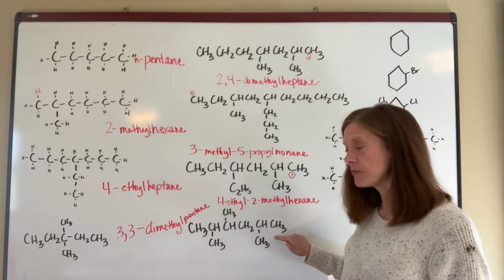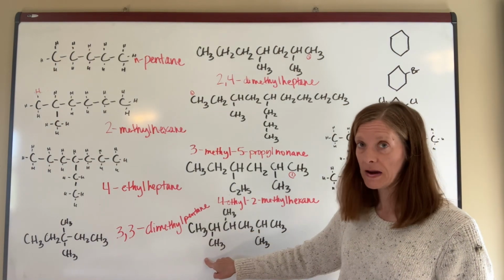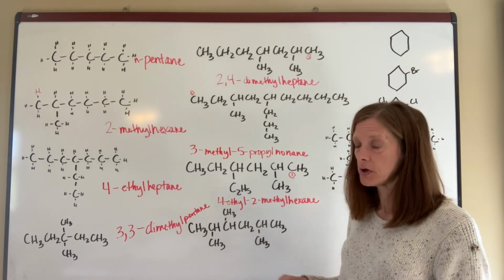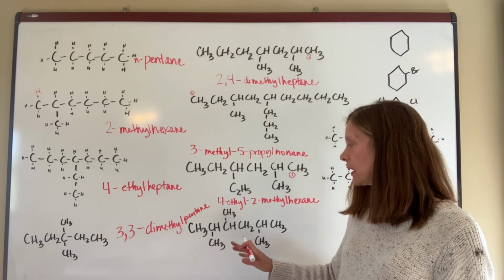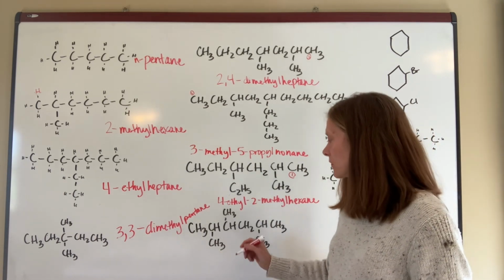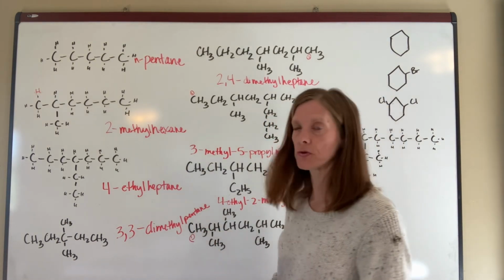If I start from this end, I have a 2, a 4, and a 5. So 2, 3, 5 is better than 2, 4, 5. So the first number takes priority. So I'm going to have a 2 either way. So I'm going to number it from this end because then all of my numbers are the lowest.